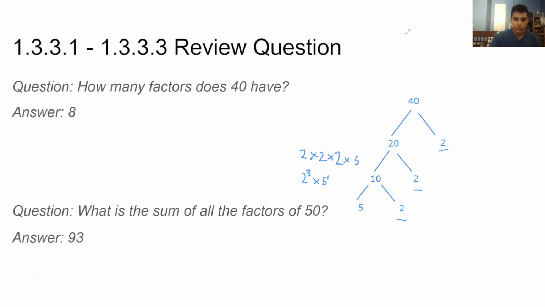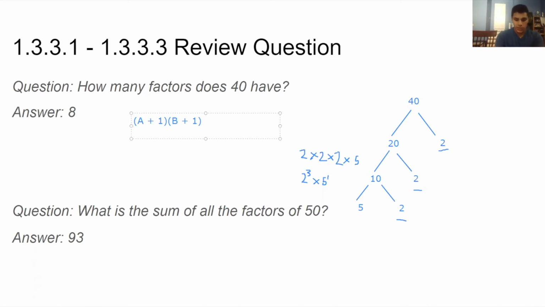Now in order to use this formula, since I have 2 different prime factors, I only need 2 parentheses. So my formula for finding the number of factors that 40 has is (a plus 1) times (b plus 1). Again, 2 parentheses because I have 2 prime factors. The values of a and b are just the values of my different exponents.